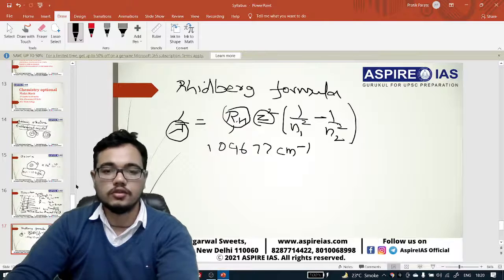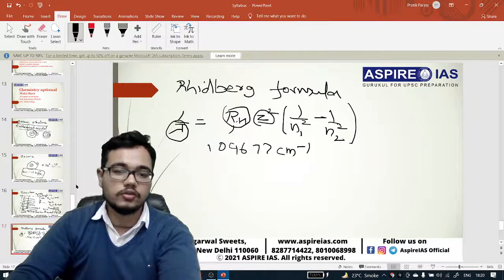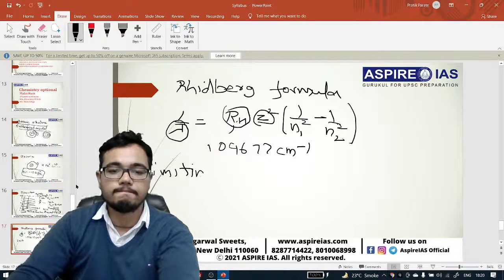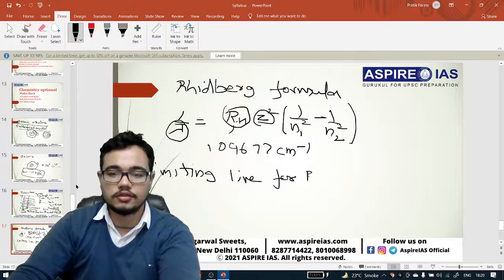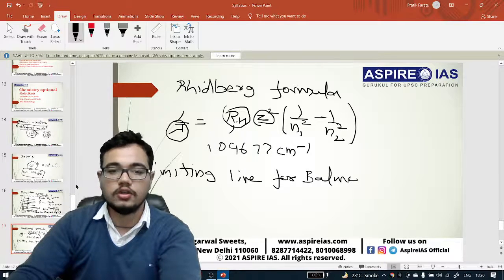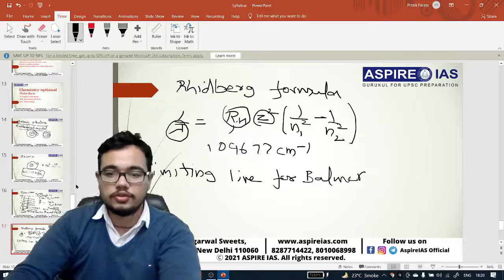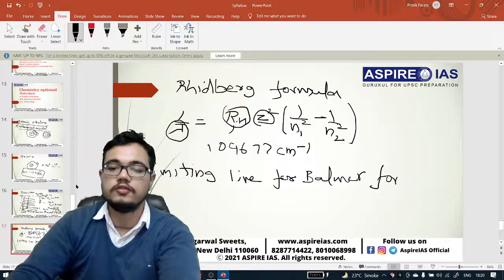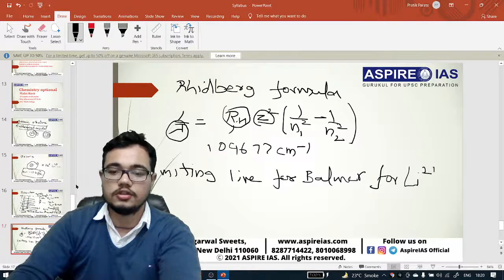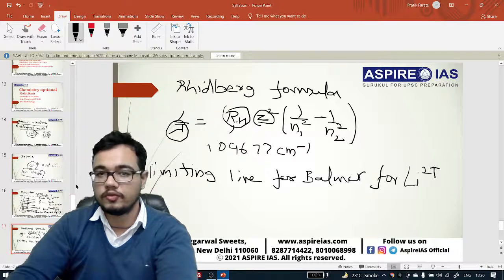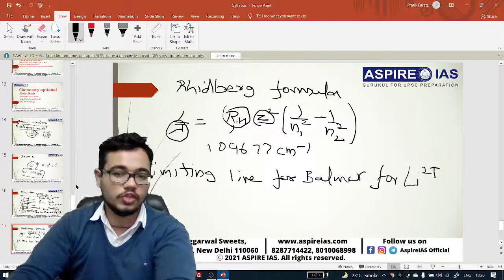Alright, so using this formula, you will be easily able to calculate the wavelength of the line spectra of any series. Suppose they give you to calculate the limiting line for Balmer series. Now here for hydrogen atom, or you may say for lithium Li2+. Since it is only applicable for one electron system, they will be giving you Li2+.